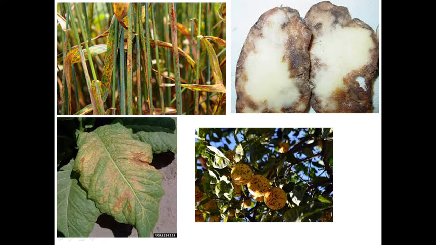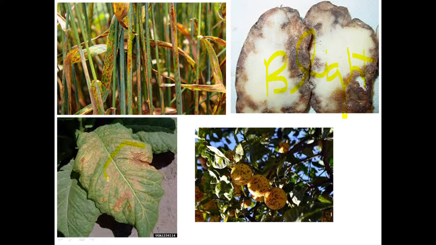Now see, these are a few pictures of plant diseases. This is the rust in the wheat plant, you can see here, these are the rust. Due to this the production becomes less. Now this is the blight in potato, potato blight.